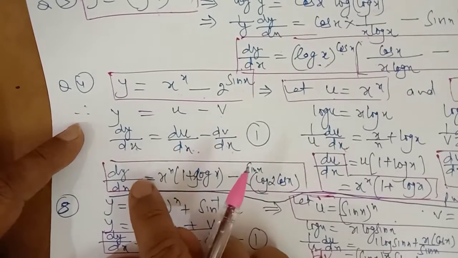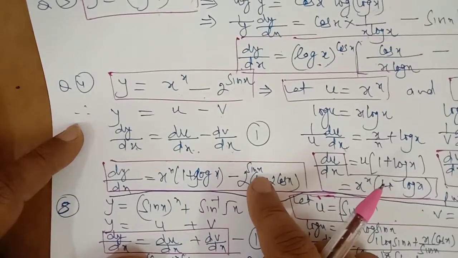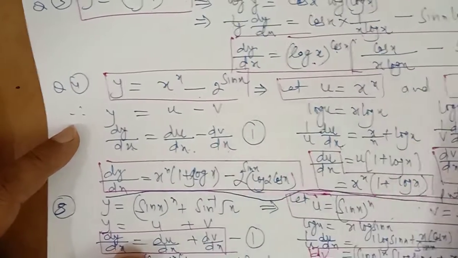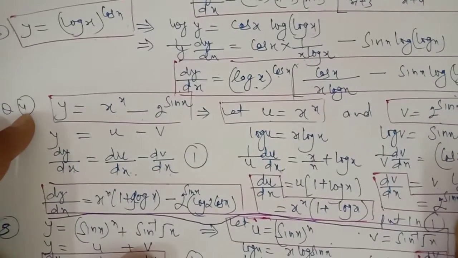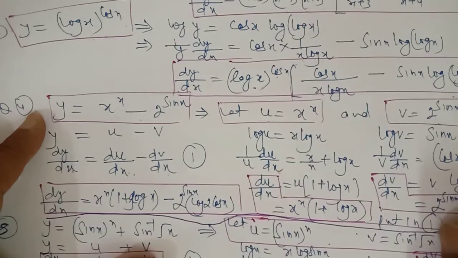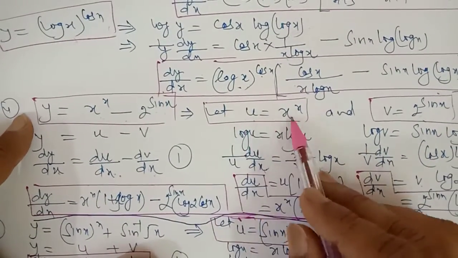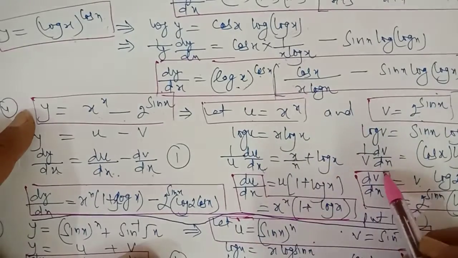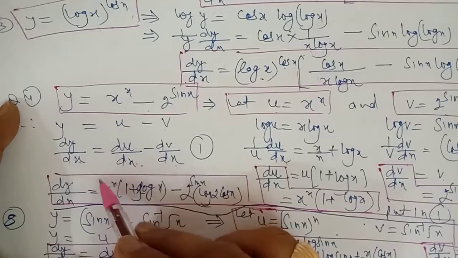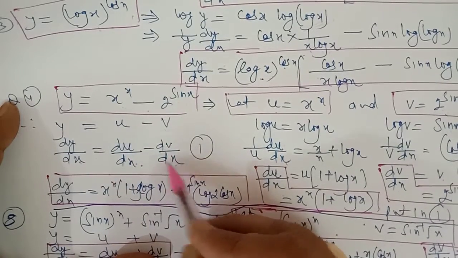So in these types of questions, when we have a positive or negative sign between the functions and the individual function cannot be differentiated without taking the logs, you have to let them individually, find their derivatives individually by taking the logs, and put them in this dy upon dx, which is equal to du upon dx minus dv upon dx.